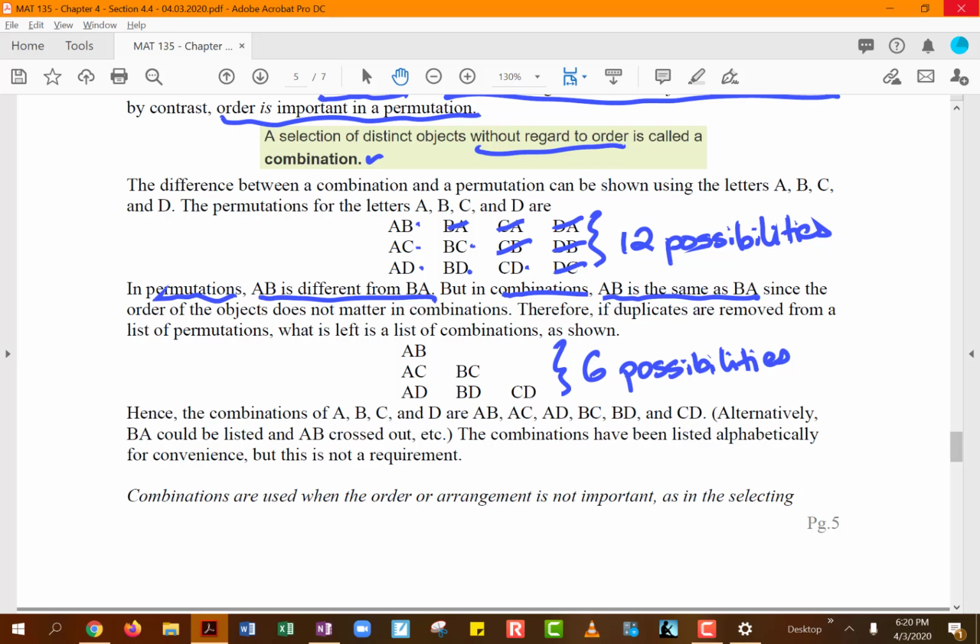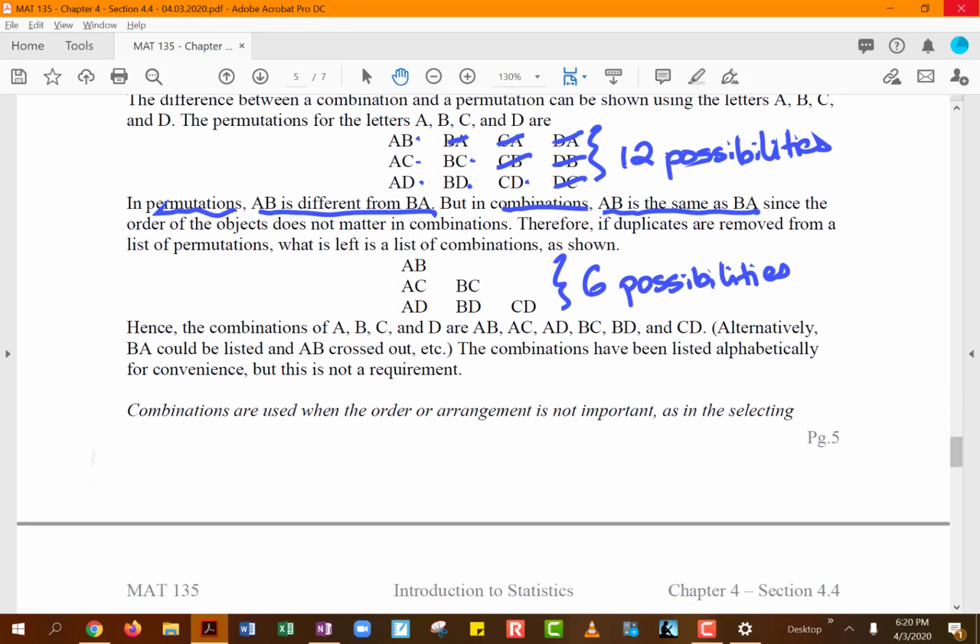They're basically saying the way we did the cancellations was we just kept them in alphabetical order, so you can read these little paragraphs here to get a little more understanding. They are saying combinations are used when the order and arrangement is not important during your selection process.